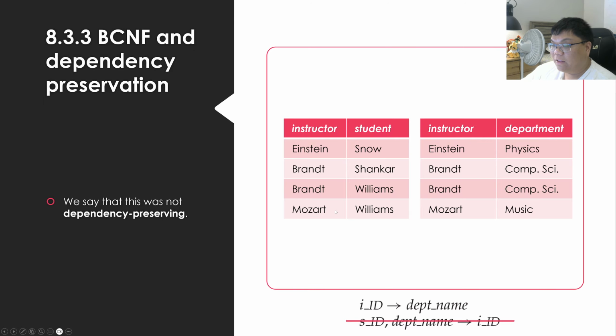In trying to maintain Boyce-Codd normal form, we lost this functional dependency: student and department name determines instructor, or student ID and department name determines instructor ID, who is basically the advisor. So in this case, Boyce-Codd normal form does not preserve dependencies. We had to go for third normal form instead. So let's talk about that.